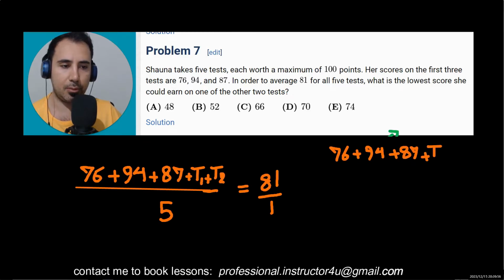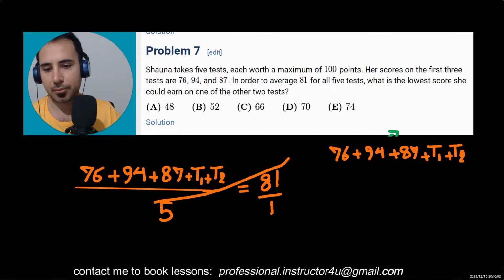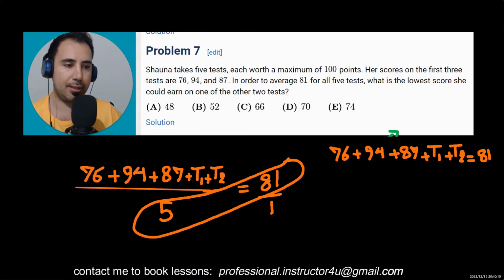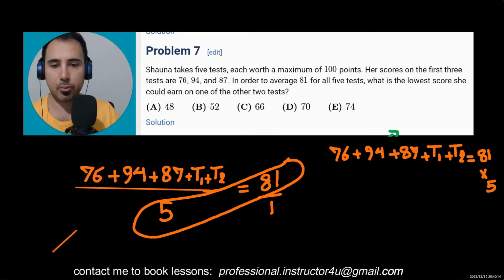That would be the left side. And the right side will be 81 times 5. So there you go, we have this.